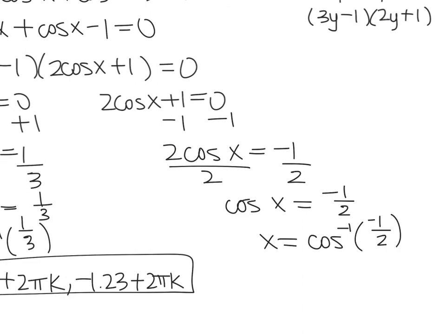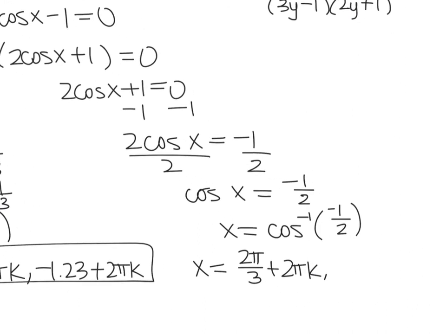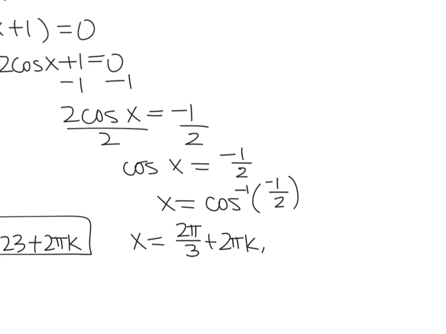Now cosine does equal negative 1/2 on the unit circle, so we can use the unit circle to find our solutions. X equals 2 pi over 3 plus 2 pi k is one solution. And then our second solution occurs at 4 pi over 3 plus 2 pi k.